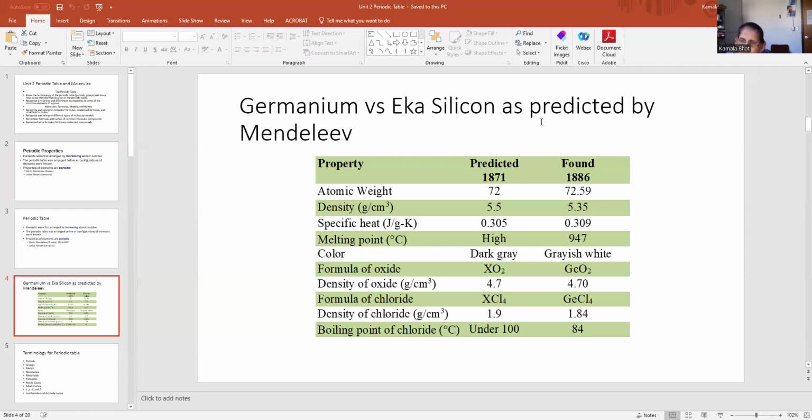The oxide formula was GeO2. The density of the oxide was 4.70. The formula of the chloride was GeCl4. Density of the chloride was 1.84, and its boiling point was 84. So you can see how accurately he could predict an unknown element at that time.